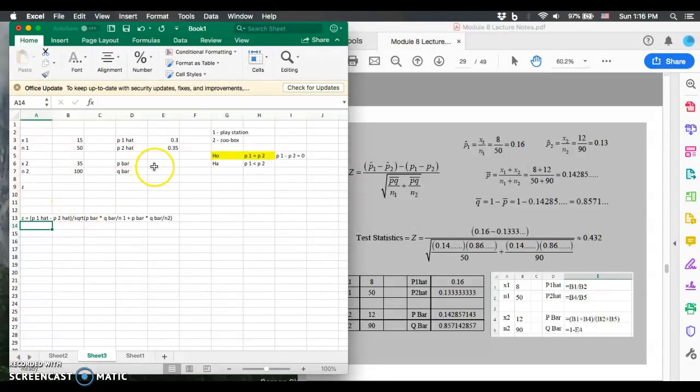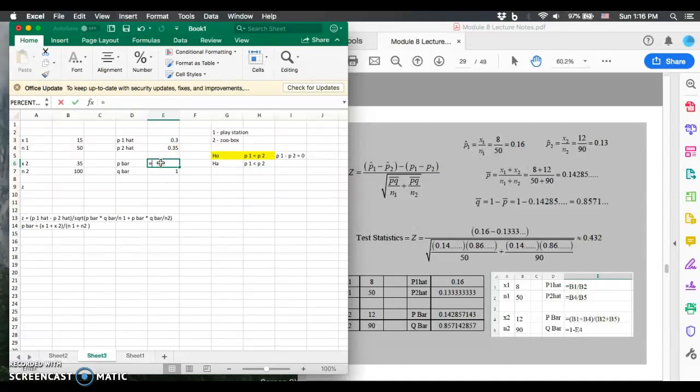Okay. So for my P bar and Q bar, Q bar is going to be 1 minus P bar. There's really nothing too new about the Q bar, but the P bar is going to be, on the numerator, x1 plus x2 divided by n1 plus n2.